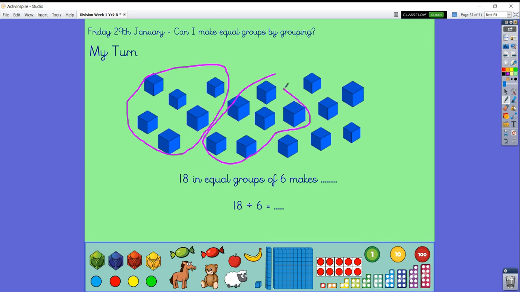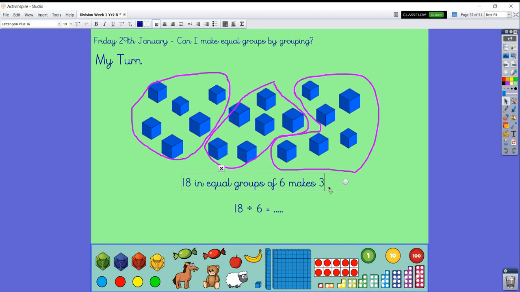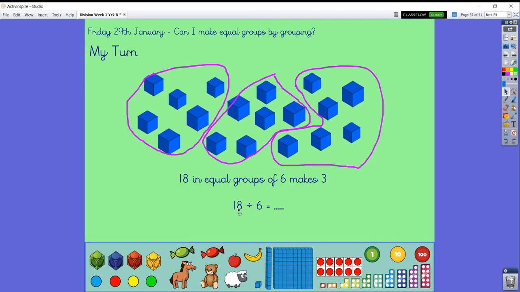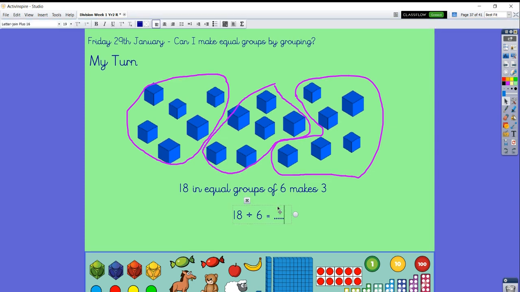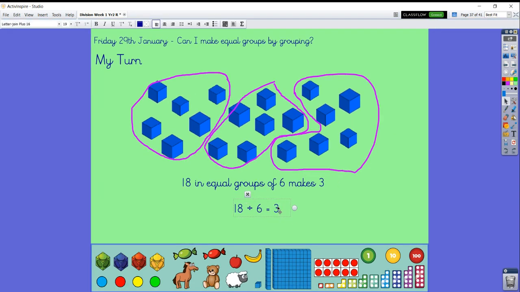I've got another group there, and another group there. So I have grabbed my 18 cubes in equal groups of 6, and that makes 3 groups. So 18 grouped into 6s gives me 3 groups.